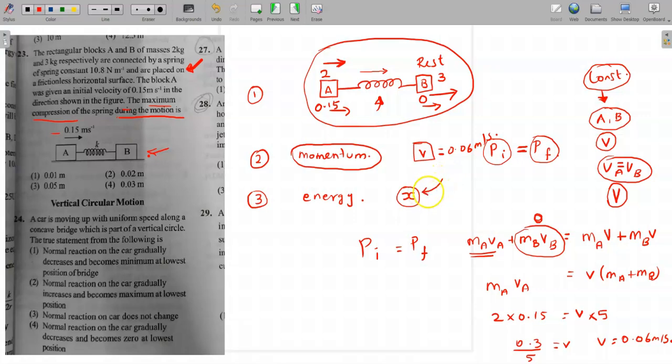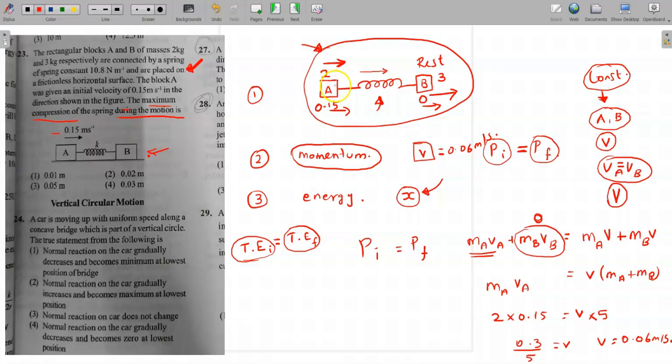Our target is to find the maximum compression. Same concept, conservation of energy. Conservation of energy means the total energy remains constant before motion and after motion. So initial total energy is equal to final total energy. It means before the collision begins and after collision, the total energies are the same. Before collision, the two objects can have kinetic and potential energy.